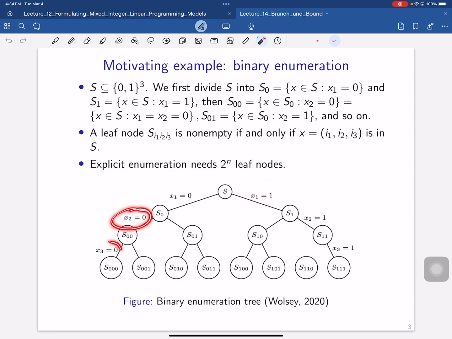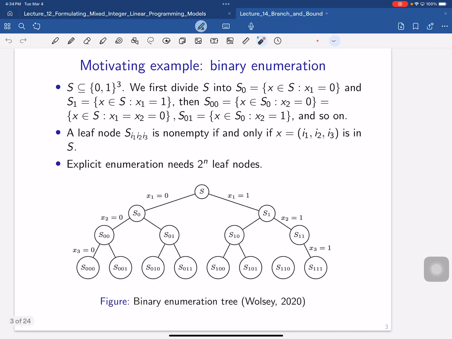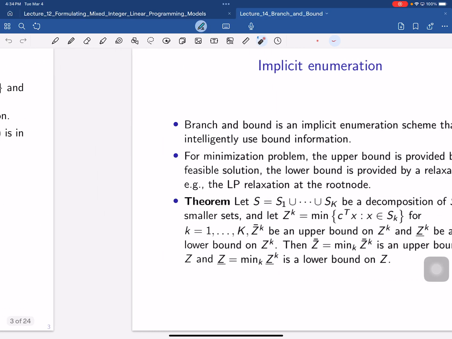You split on x2 and x3. In total, you have 2 raised to the power of 3 combinations. With this enumeration, as you can see, the number of nodes grows exponentially. If you have n binary variables, the number of leaf nodes will be 2 raised to the power n. Of course, this is not very efficient.